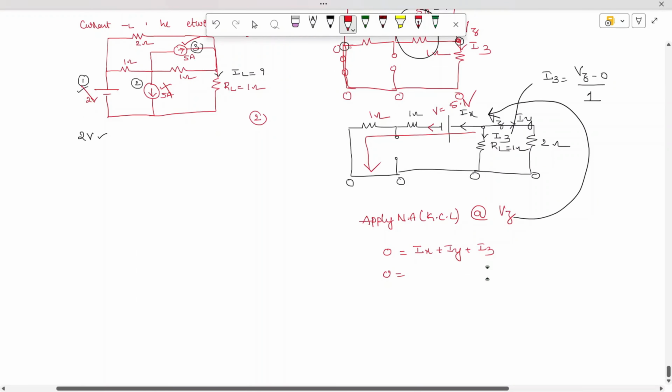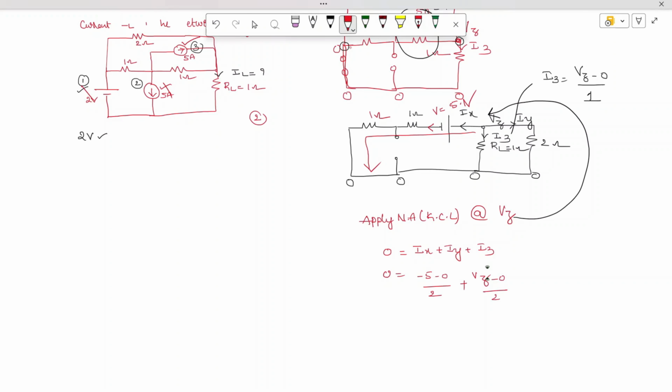The current is leaving in this direction, so it is minus 5 minus 0 divided by 2, plus Iy, which is Vz minus 0 divided by 2.